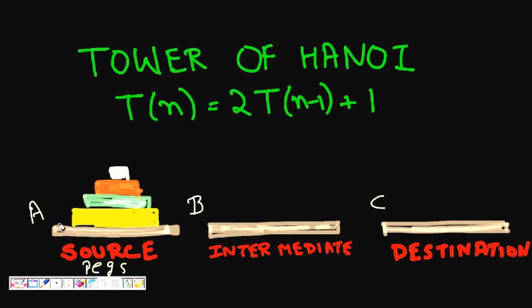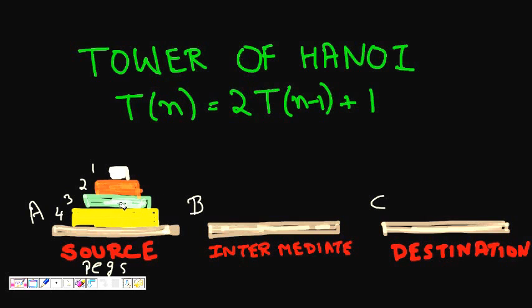So we have three pegs A, B, and C, and on peg A, which is the source, we have some disks, okay. So here we see we have 4 disks. So this is disk 1, this is disk 2, this is disk 3, and this is disk 4, okay.